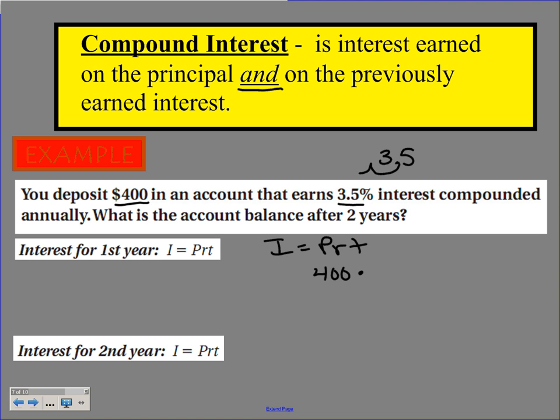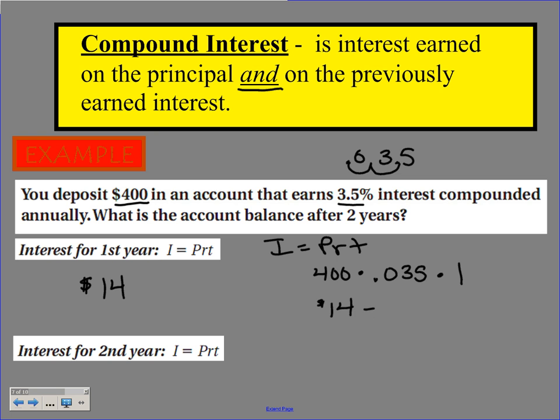We move our decimal back 2 places, so we have 0.035 times 1 year. When you multiply that all out, you get $14. So the interest for the first year is $14.